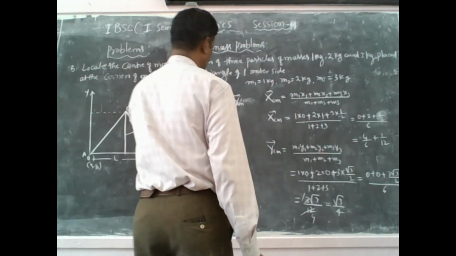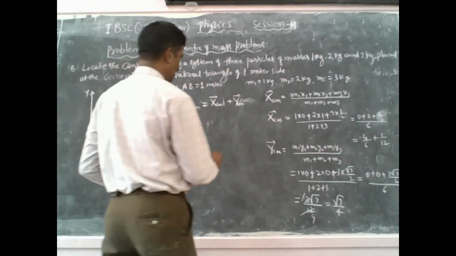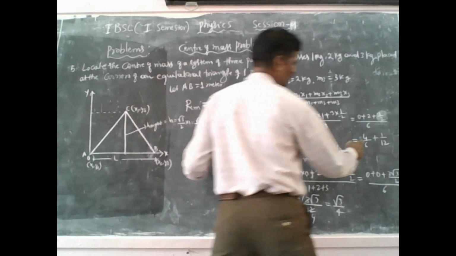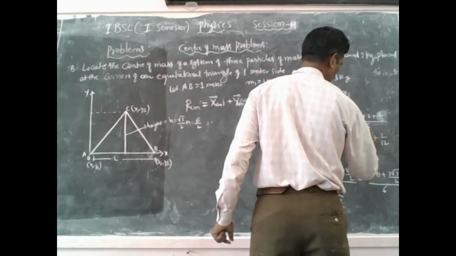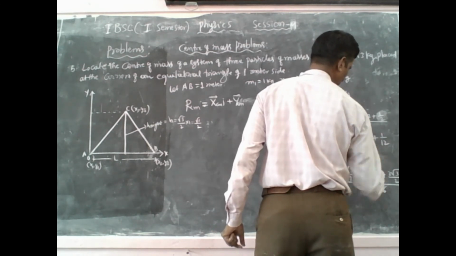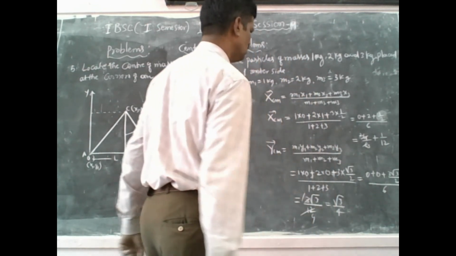And now we can substitute in RCM. XCM is equal to 4 by 6. 2 ones are 2, 2 twos are 4 and 2 threes are 6. Therefore 2 by 3 we can take it.